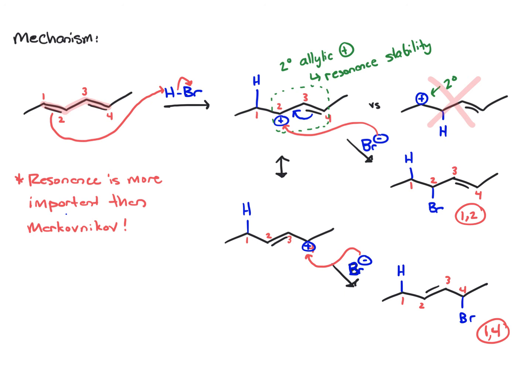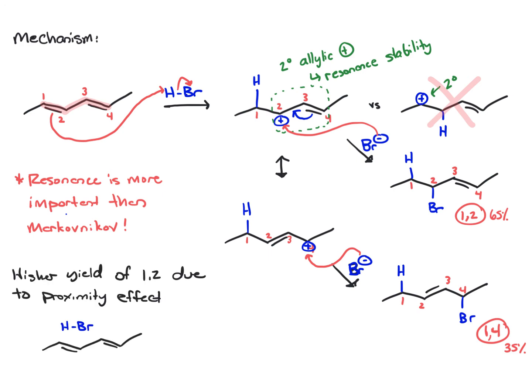The only other thing you might be wondering about is, why do we get a higher yield of the 1,2 product? So the 1,2 was 65% versus 35% for the 1,4, at least under these conditions, and that's due to what's known as a proximity effect. So what's actually happening in the reaction flask is the HBr has to come in close proximity to the alkene.